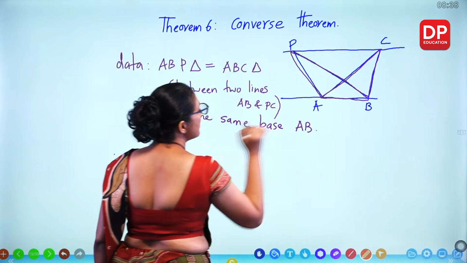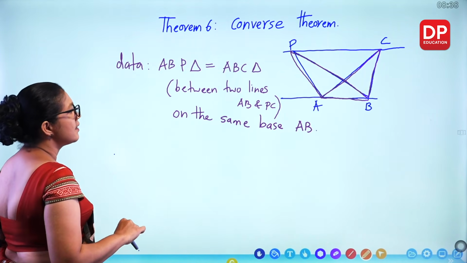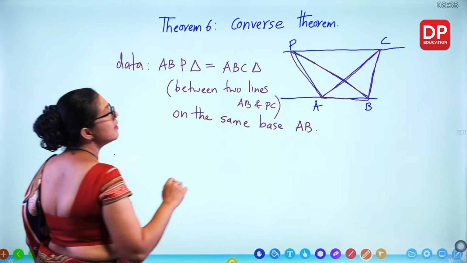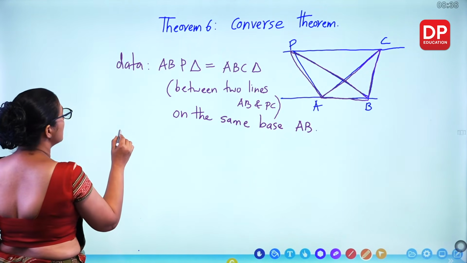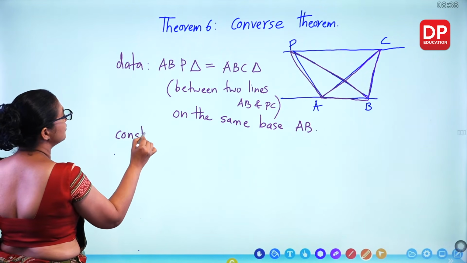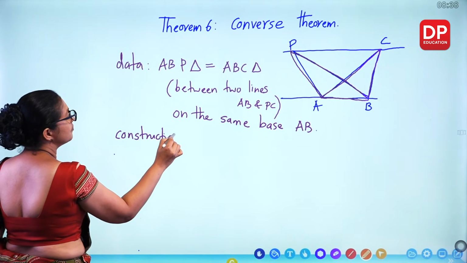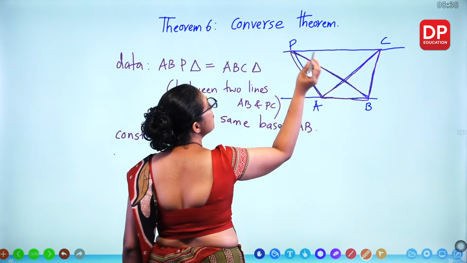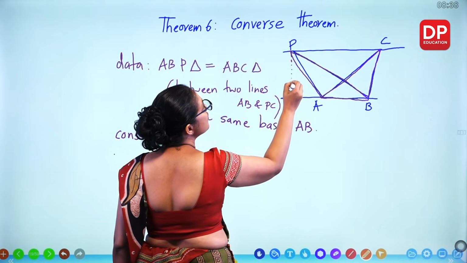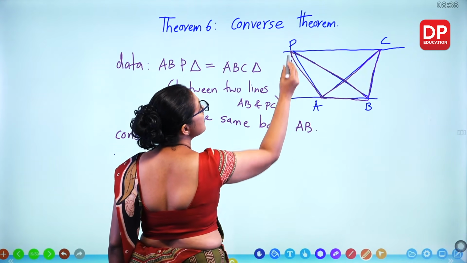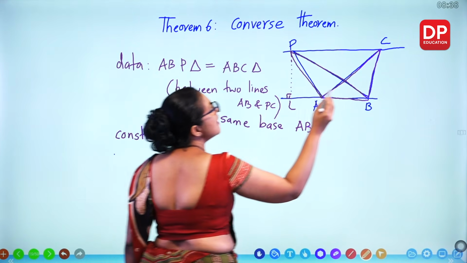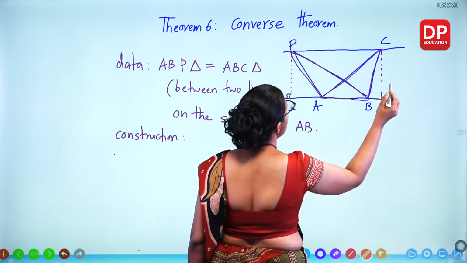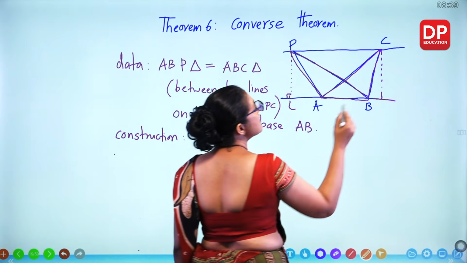AB. That's given. And I need to do a construction now. Construction is drawing the perpendicular height. I'll draw this perpendicular height as PL, and this perpendicular height to this triangle is CM.